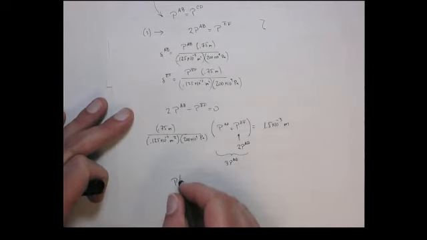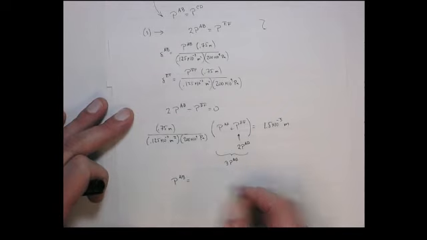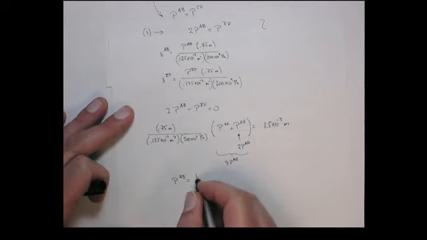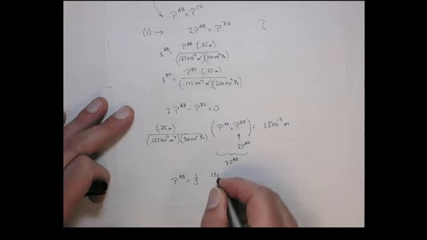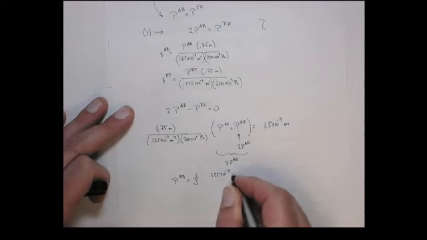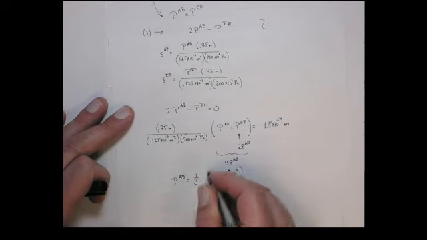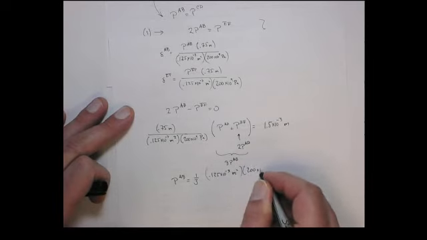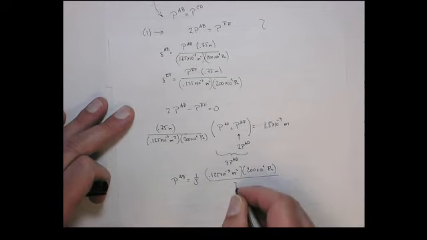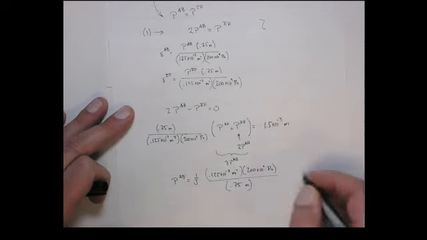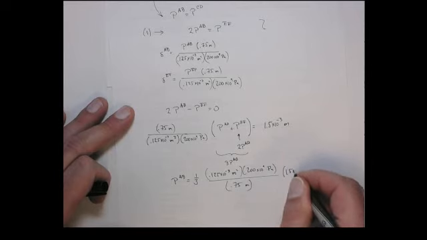So PAB is going to be 1/3 of the, we're going to divide by that, multiply by the reciprocal. 0.125 times 10 to the minus third meters squared, 200 times 10 to the ninth pascals, over 0.75 meters times the 1.5 times 10 to the minus third meters, okay?